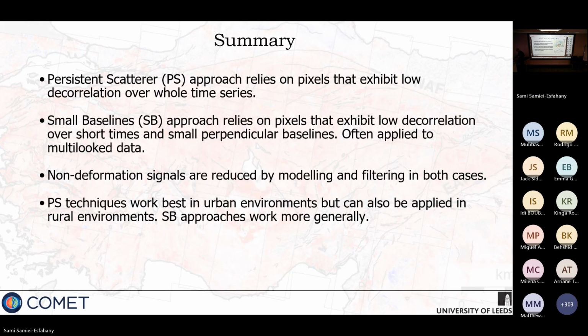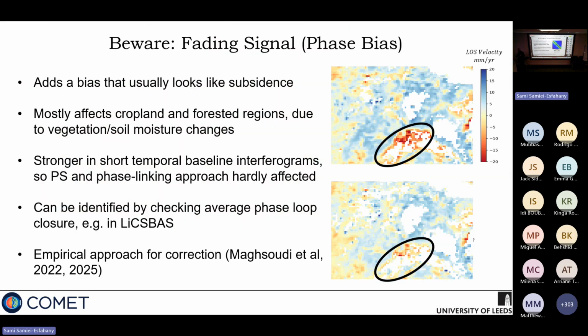Maybe I didn't. I think you're right. Anyway, yes is the answer. You can make it from both. Eventually, when you've got the output, it looks the same for both PS and small baseline. Every pixel that you've got results for, you have its location and its time series. Sorry if I didn't show an example of that.